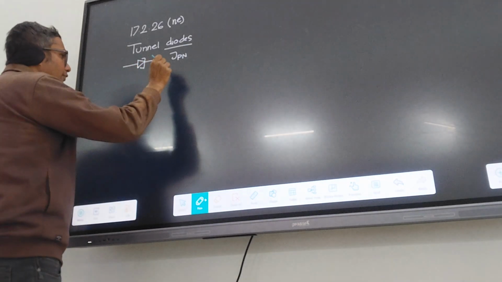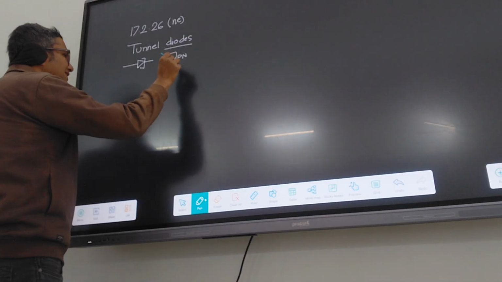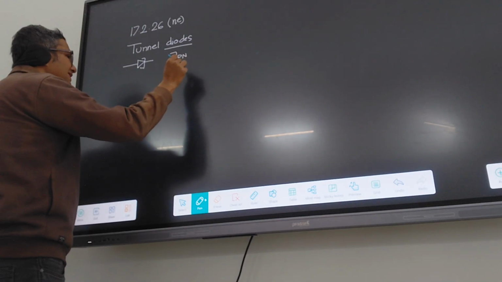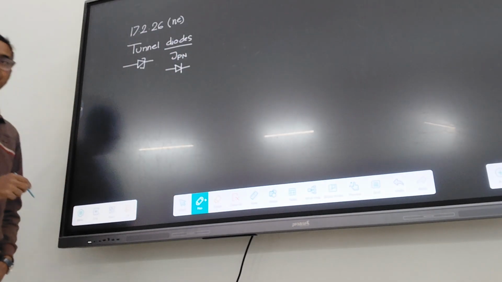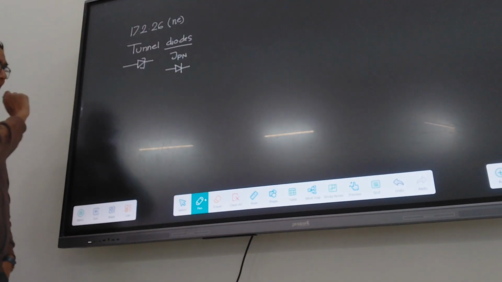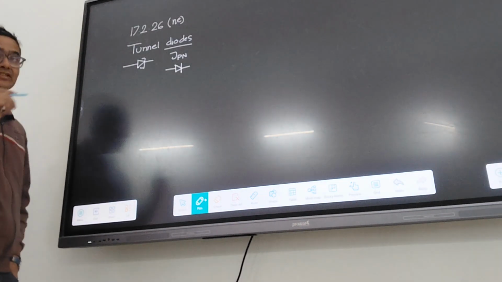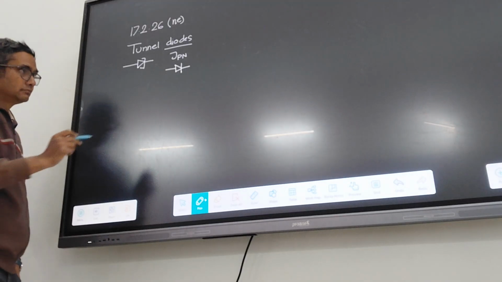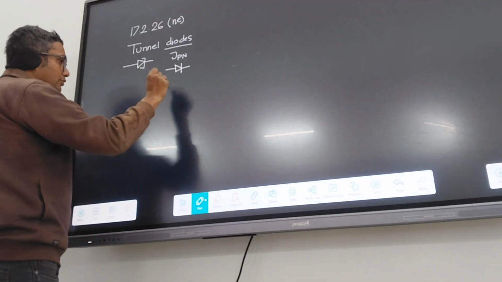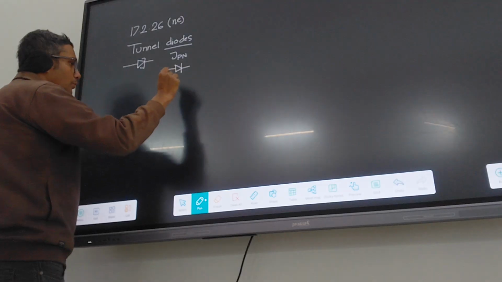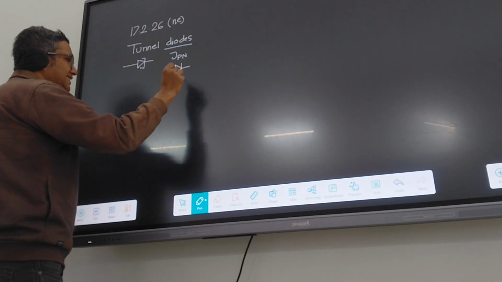This is the symbol of a normal diode. This is the tunnel diode. And the tunneling phenomenon is also found in another type of diode which has a symbol like this.